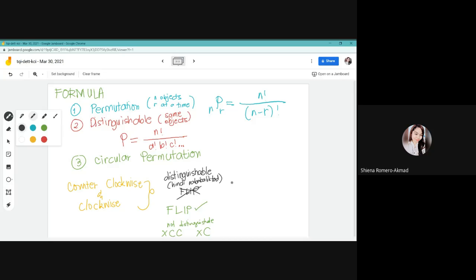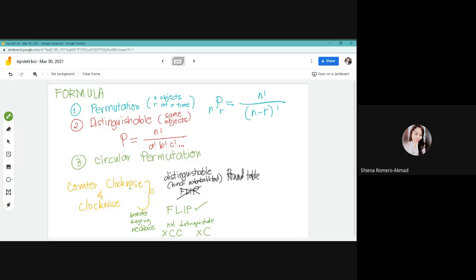So, usually ito, round table ang nangyayari. At ito namang isa, madalas yung nangyayari sa bracelet, key rings, necklace, things like that. Okay?